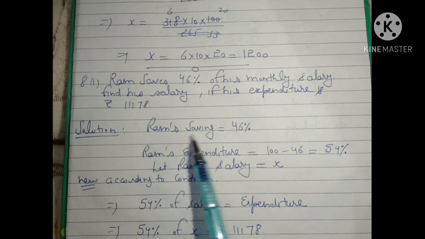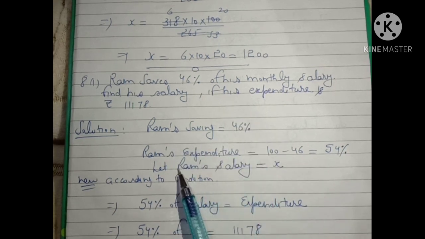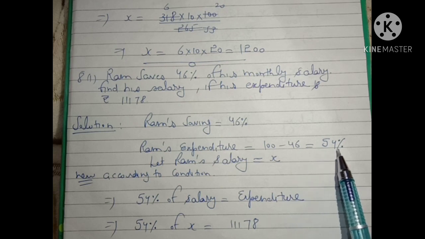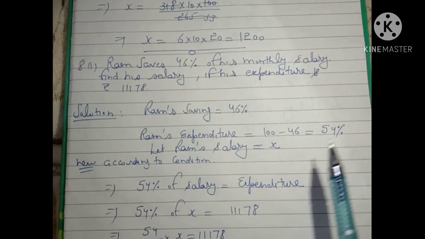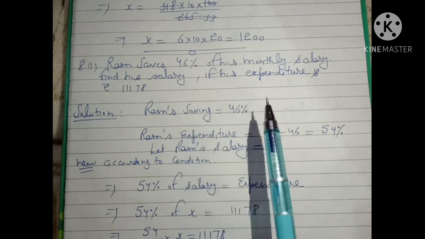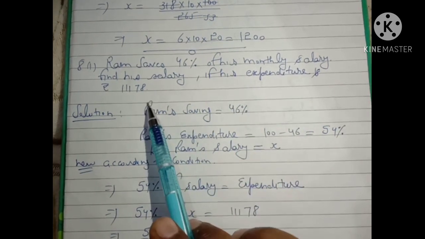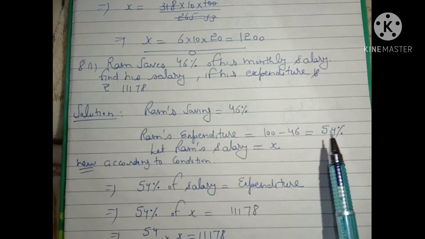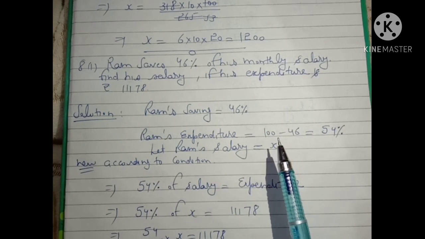So it means if the saving is 46%, then his expenditure will be 100 minus 46 is equal to 54%. So with the help of this expenditure percentage we can solve the sum, because its real value is given to us, and just now we found its value in percentage. So with the help of these two values we can solve this sum.